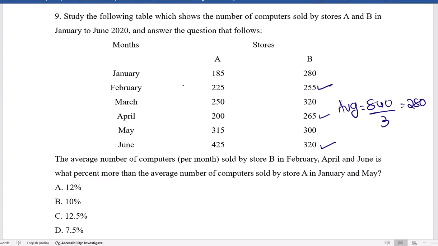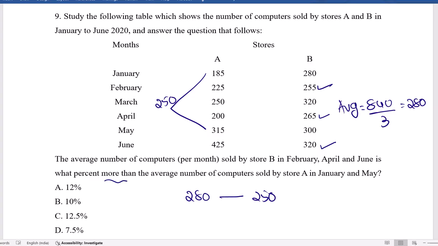Average is 280. Right. Whereas sold by store A in January and May is 200, 300, 500 divided by 2, 250.